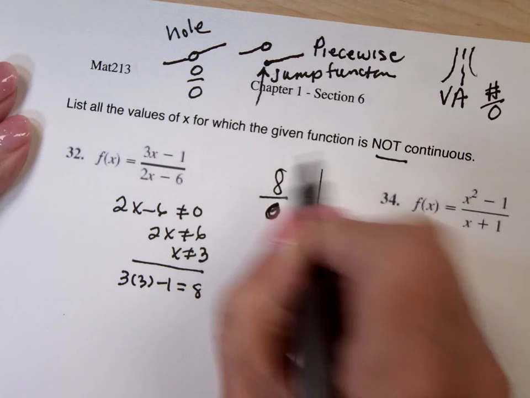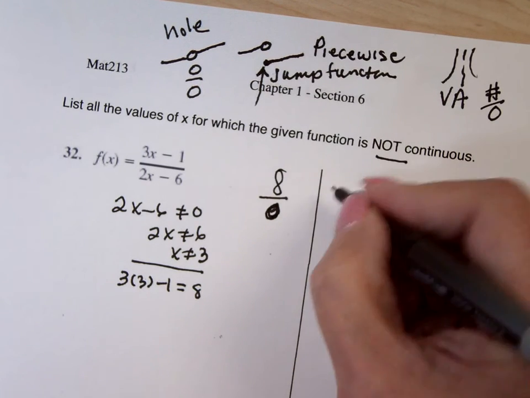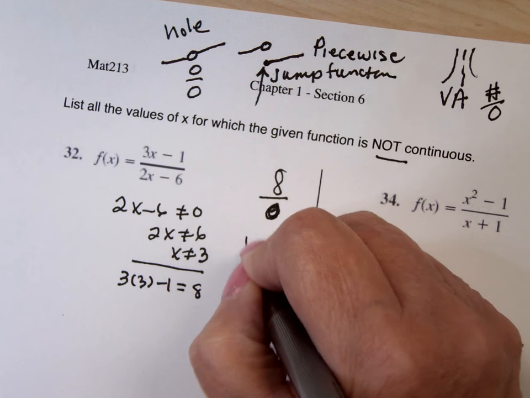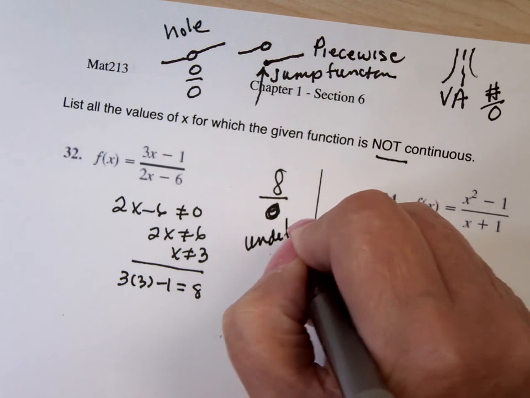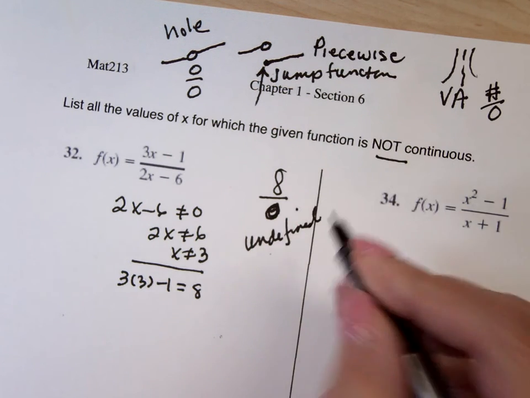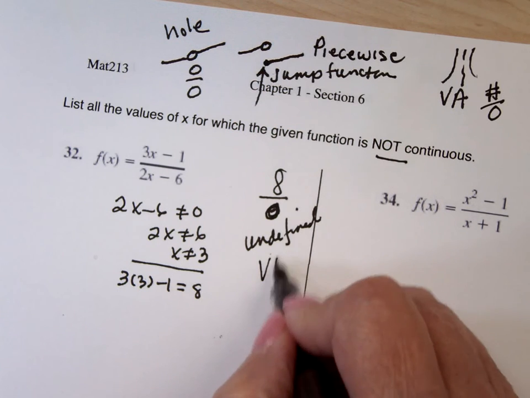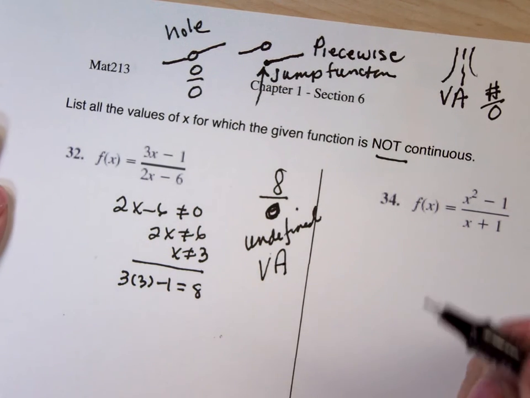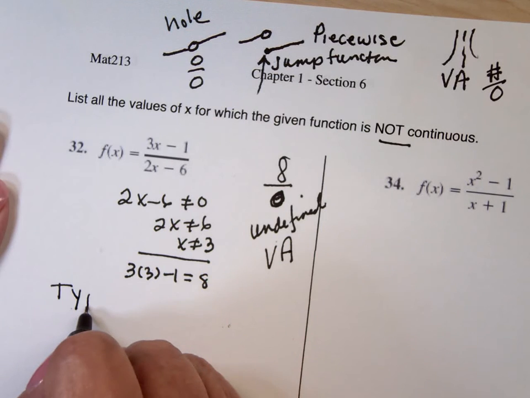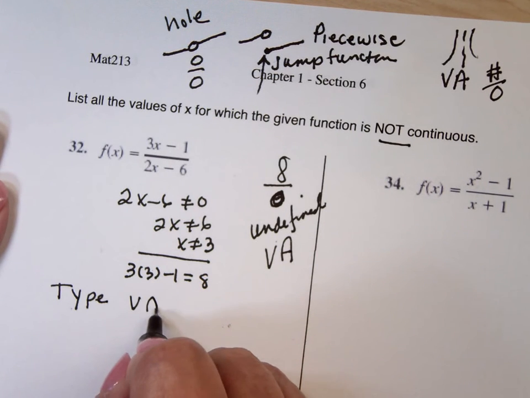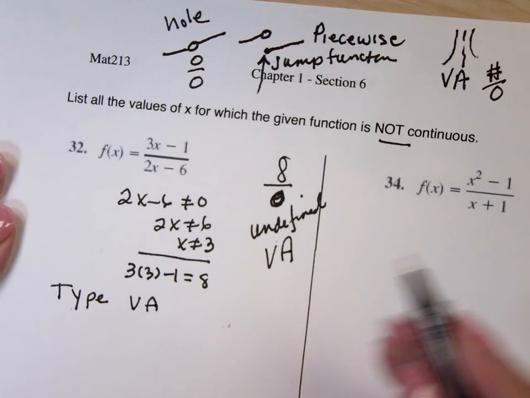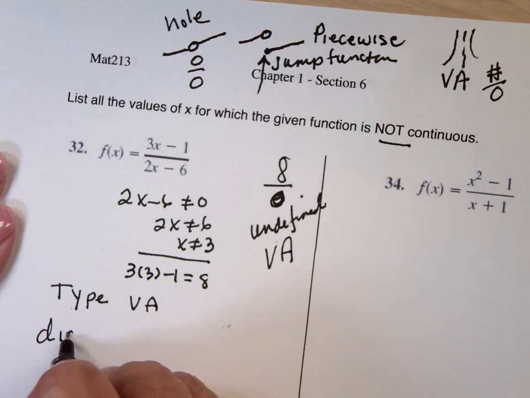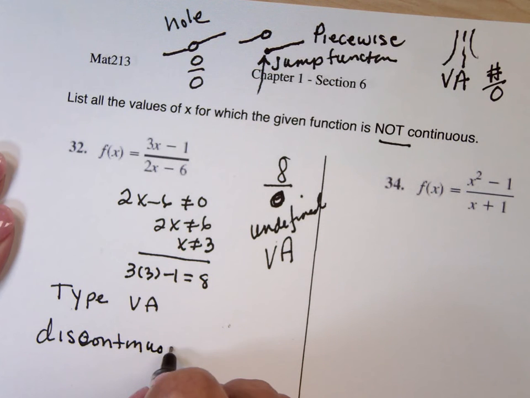I'm going to have an 8 in the numerator. 8 divided by 0 is undefined. What do I have? I have a VA, right? Vertical asymptote. So its type is a VA, right? And it's discontinuous at x equal 3.